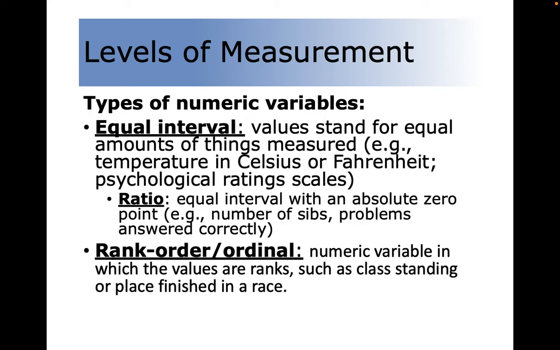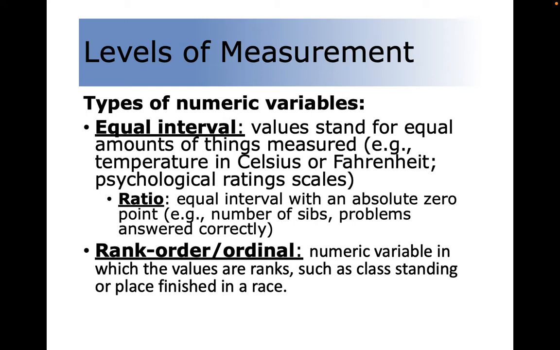Now there's a special case of an equal interval variable, which is called a ratio variable, or we could say that the variable is measured on a ratio scale. An equal interval variable is a ratio if it has an absolute 0 point. An absolute 0 point means that the value of 0 indicates a complete absence of the variable. So counts or accumulations of things use a ratio scale.